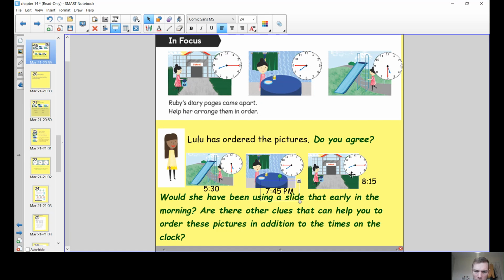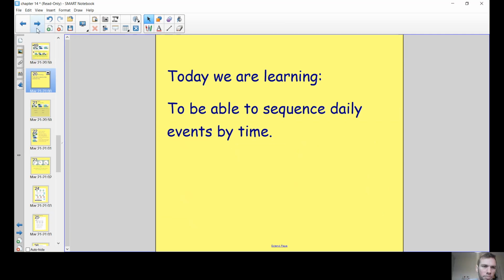I think this is Ruby going to school. It looks very daylight out there. So I think this is 8:15 a.m. in the morning. Now, I don't think anybody's going to be playing on a slide at 5:30 a.m. I think that's something you do after school, 5:30 p.m.